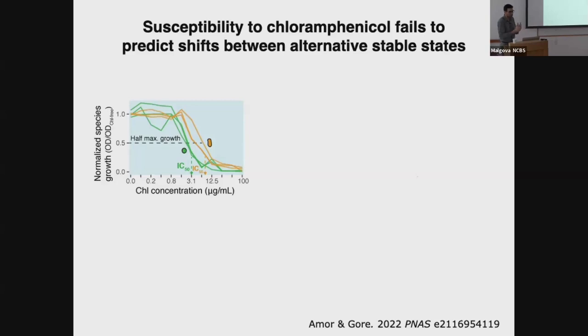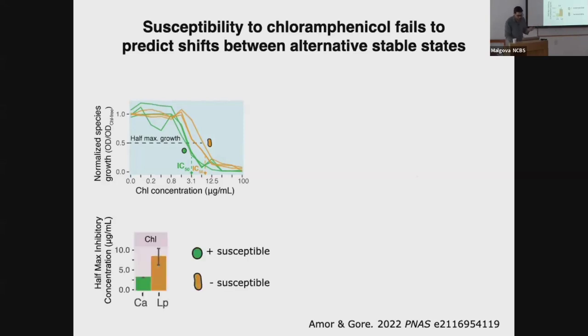So based on that, you would expect that the more sensitive a species is, the more likely it will suffer from an antibiotic perturbation, even when they are in a community.